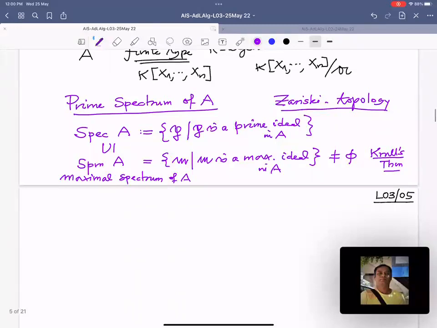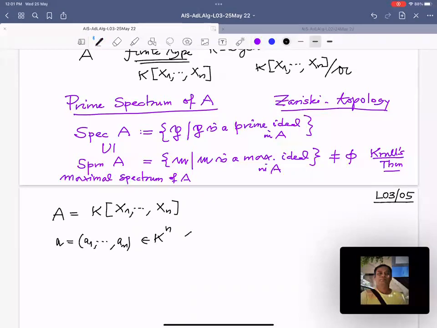Suppose you take A equal to the polynomial algebra, just to understand. Suppose I take a point a equal to (a1, ..., an) in K power n.